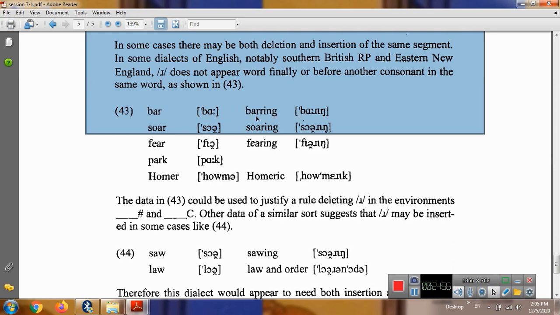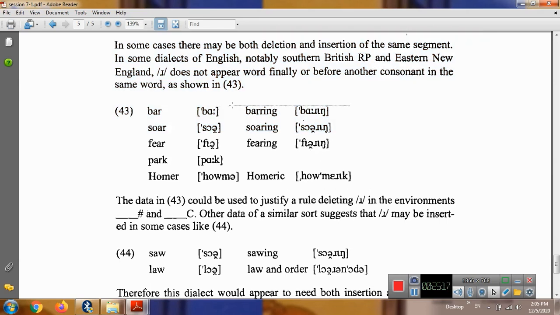But here we have, when we add -ing to these sounds, we have this r: bearing, stirring, fearing. Here, when we add a suffix which begins with a vowel, that deleted r appears again, like this data.